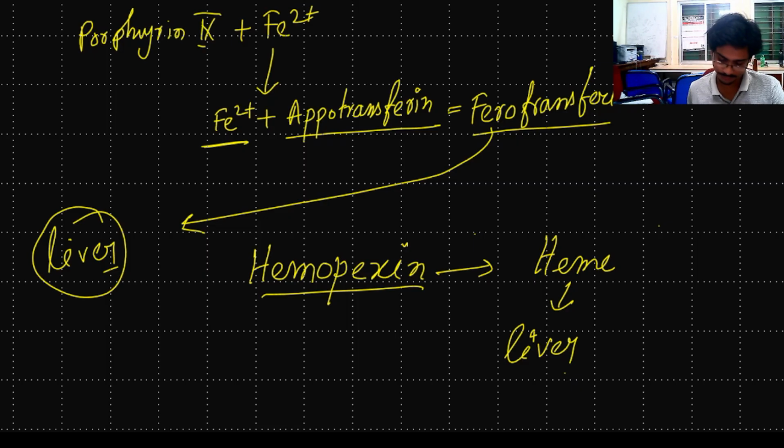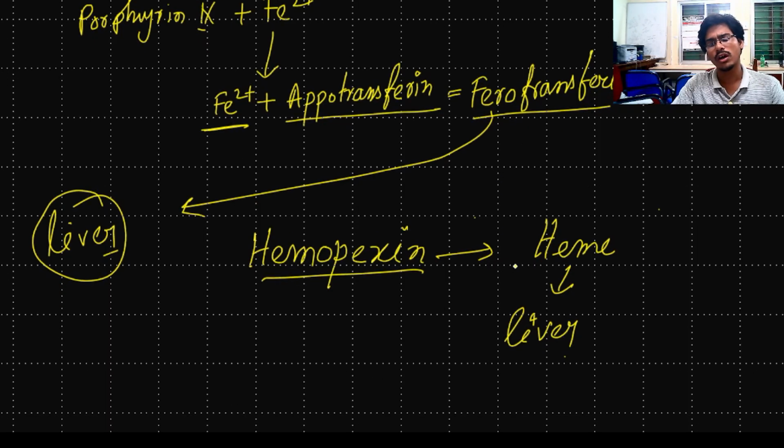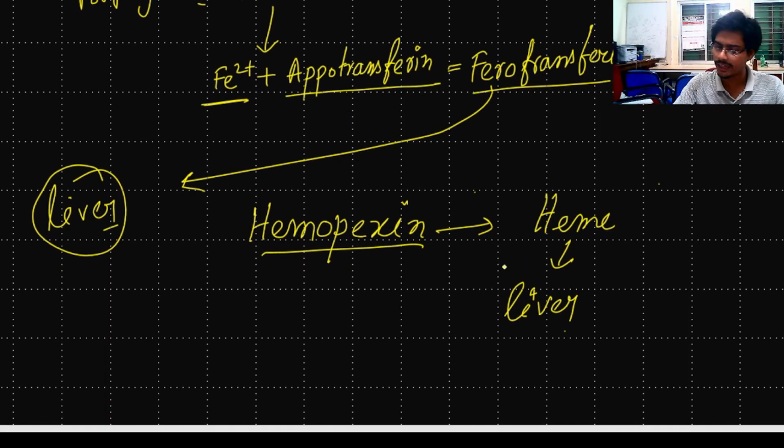So let's talk about a few random things that are related to that. You can also write down a random thing like ceruloplasmin. This is kind of random, you can say, but related to it.